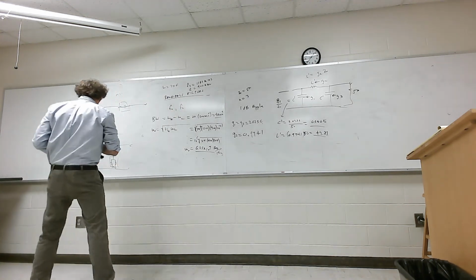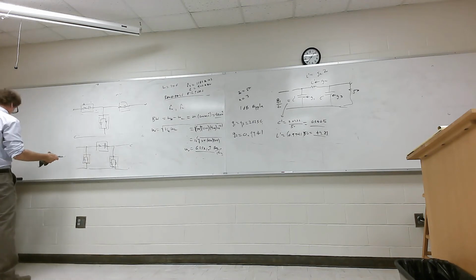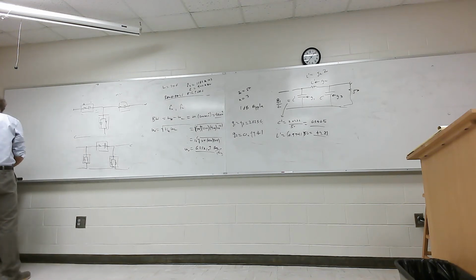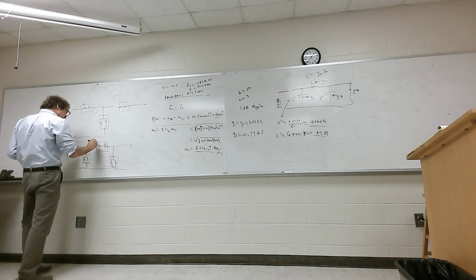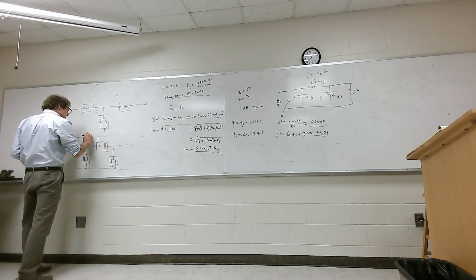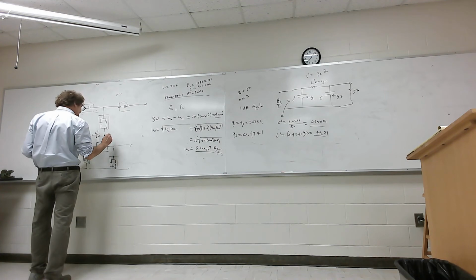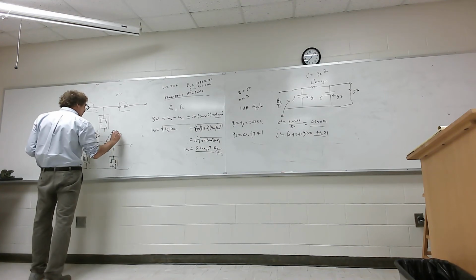So over here, for the series one, this L would be equal to L prime over the bandwidth. And the value for C here would be equal to the bandwidth over omega naught squared L prime.